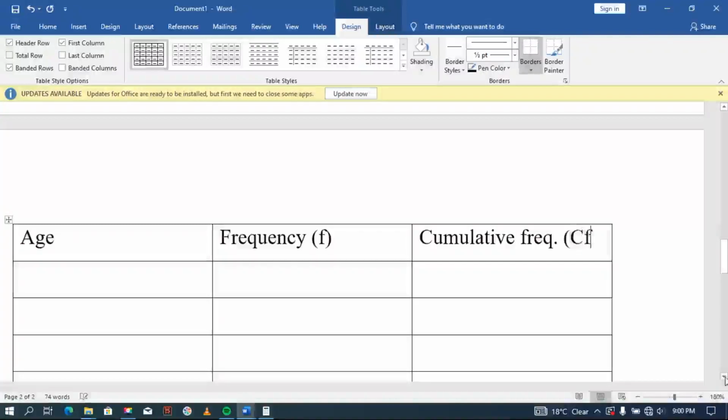So you can enter these observations, the ages of these people.